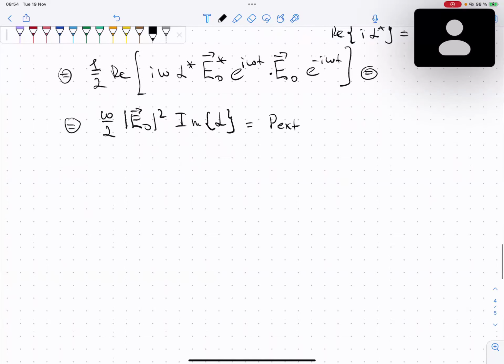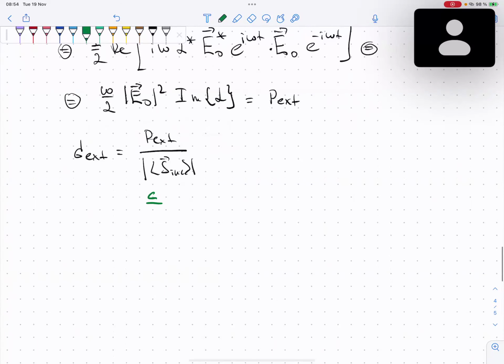So the extinction cross section is the extinction power divided by the modulus, not square, just the modulus of the Poynting vector. For a plane wave, it will be just c over 8 pi E0 squared.